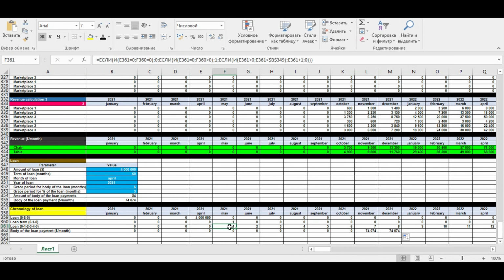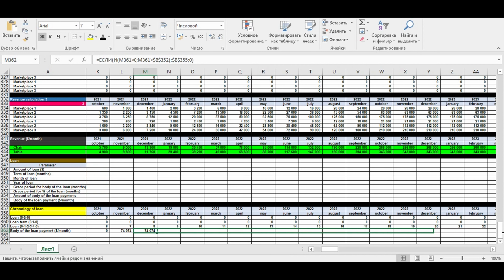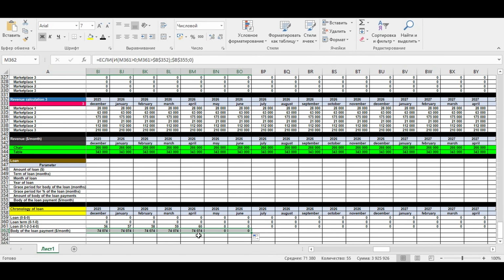So here we see we have the grace period for the body of the loan payments. This is the grace period, and then we started payments of the body of the loan. And when the loan is over, the payments disappear.